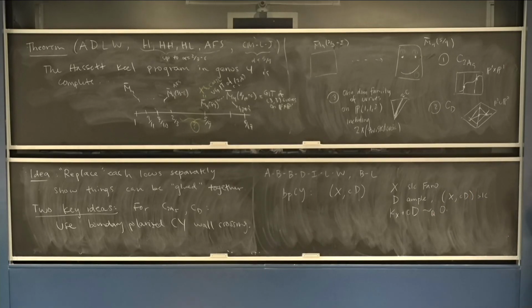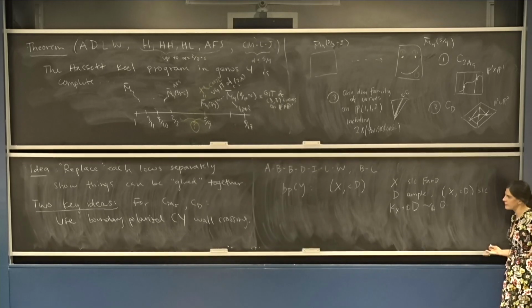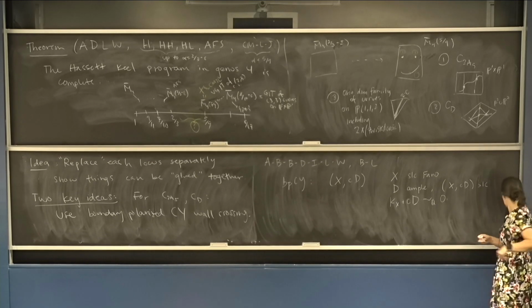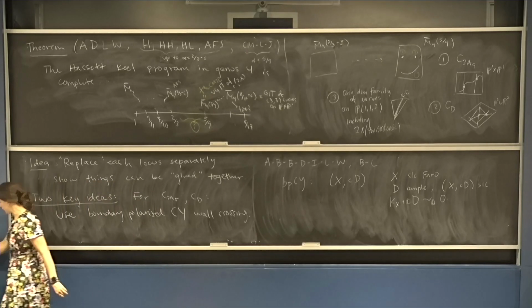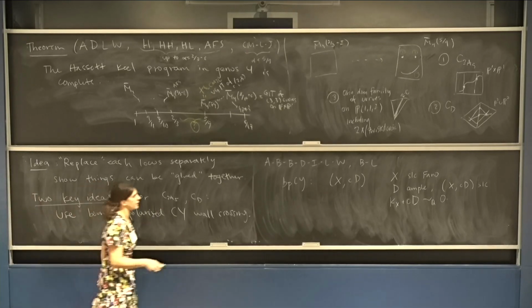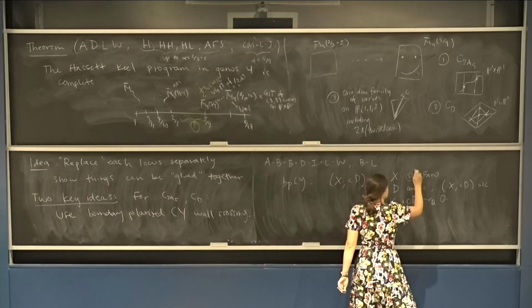So we define these pairs, these boundary polarized Calabi-Yaus, and they're interesting because if you have a boundary polarized Calabi-Yau and the ambient space happens to not be SLC, but happens to be KLT, so I know the green's hard to see.